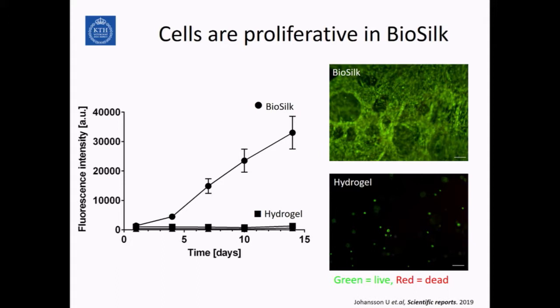This is quite typical of what people publish about cells in hydrogels: the cells stay viable very well, but they don't expand, they don't grow. So they are kept viable, but they are not growing. While in the silk, the cells are expanding and fill up the space and become something that looks quite like tissue.